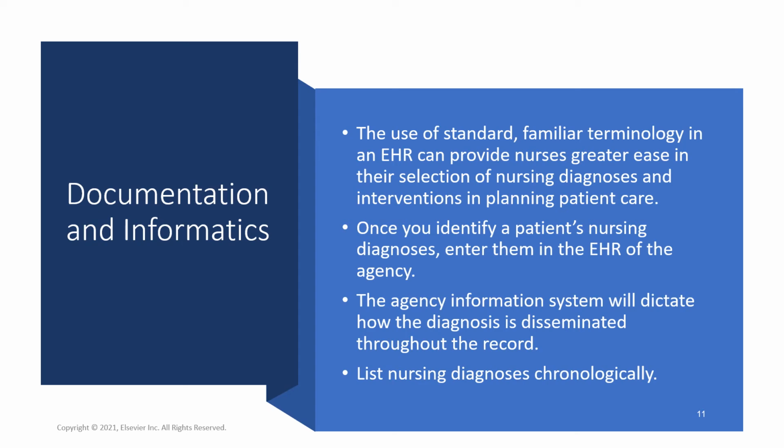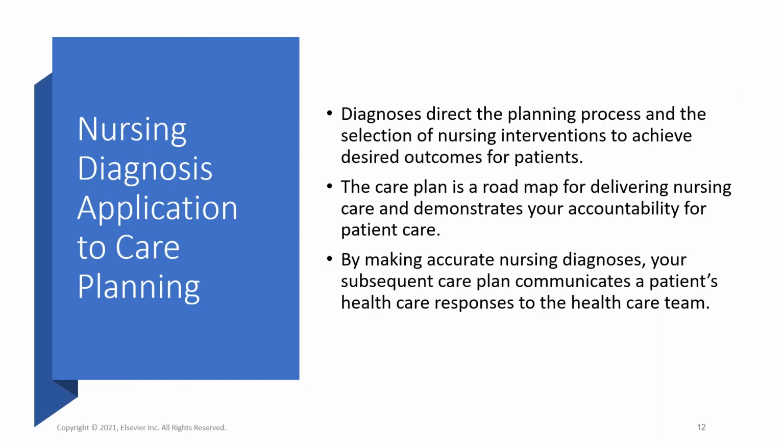Once you identify a patient's nursing diagnosis, you enter that in the EHR of the agency. And maybe it's not NANDA formatted. Maybe it's just ineffective breathing or poor airway clearance. It might not be in the approved NANDA. The agency information system will dictate how the diagnosis is disseminated throughout the record. And then you're going to list diagnoses chronologically rather than by a priority method.